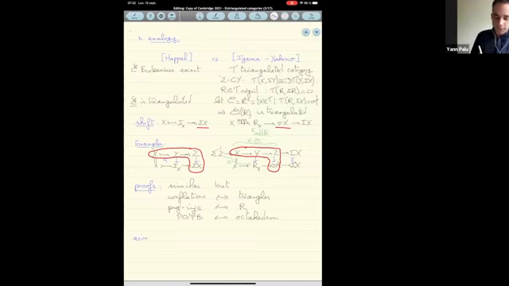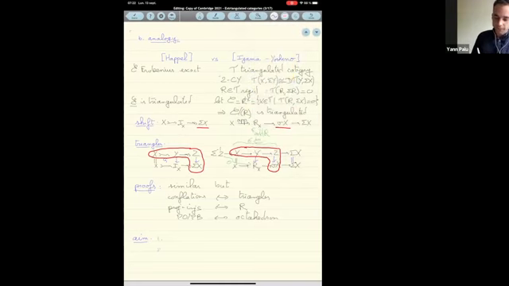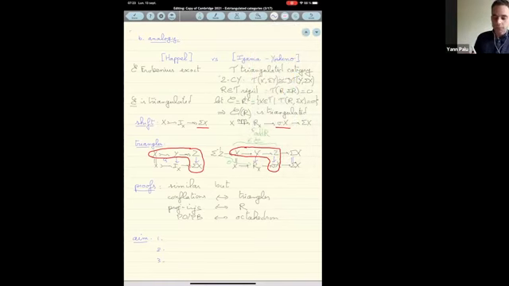So our aim, say today and tomorrow, will be in 3 parts. First, we want to axiomatize, as I said, extension closed subcategories of triangulated categories.